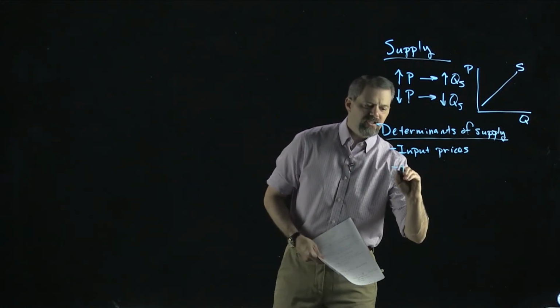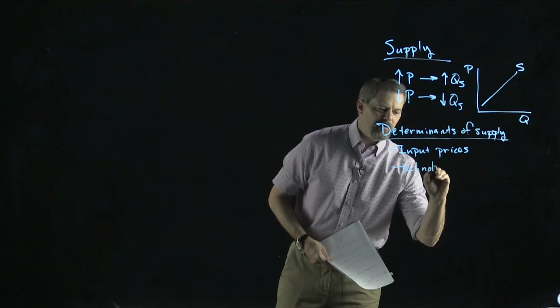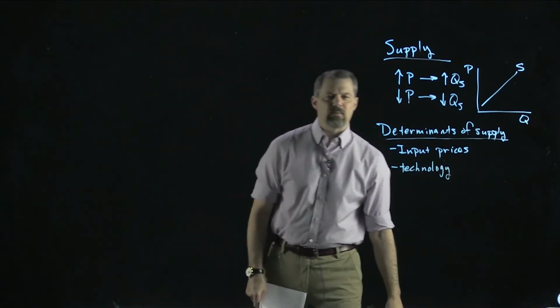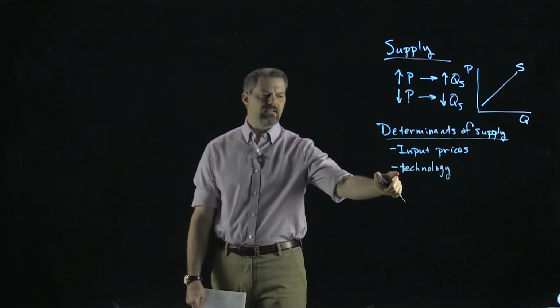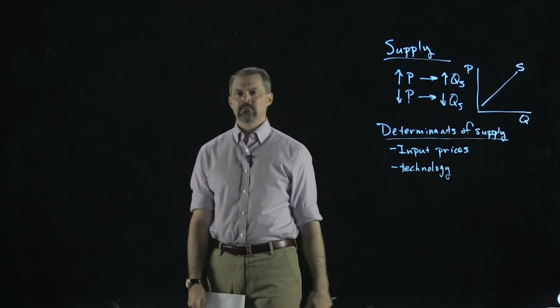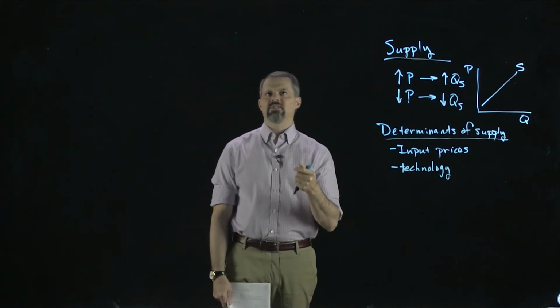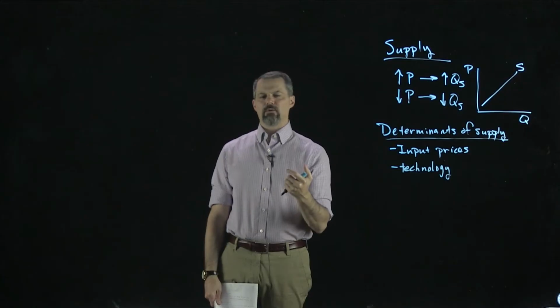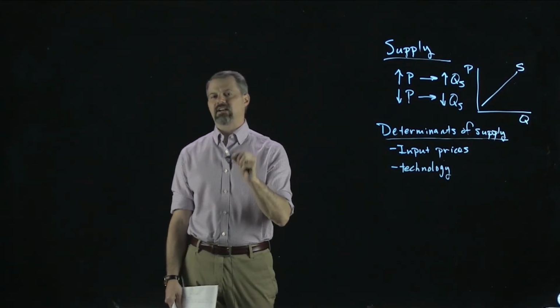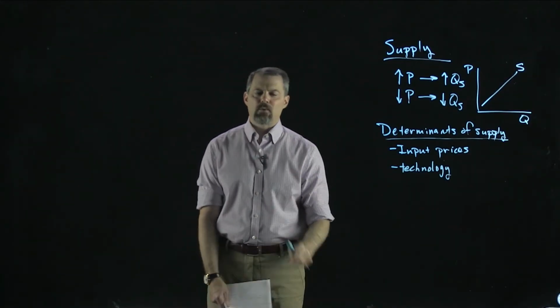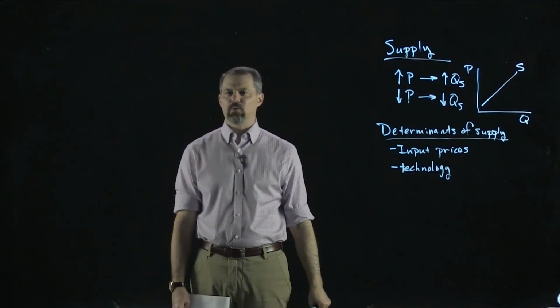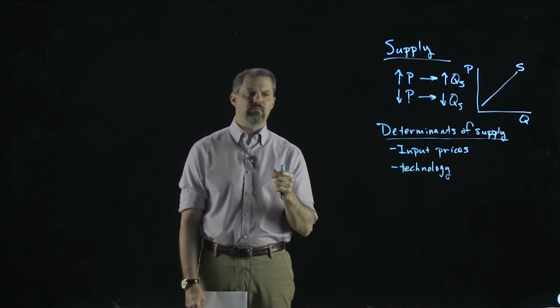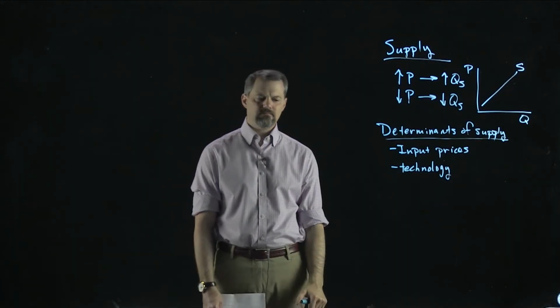Also technology, that's an important determinant of supply. But what I like to point out to my students is that this one is exactly the same as that one. If you think about what it means for technology to improve, if I were to ask you to describe what a technology improvement is, probably one of the first things you'd come up with is you'd say, well, a technology improvement means that we're more efficient.